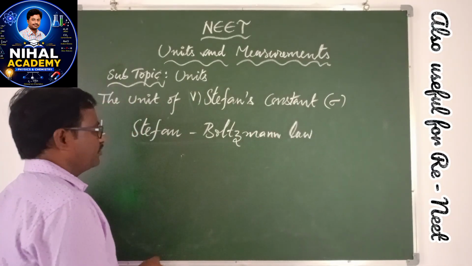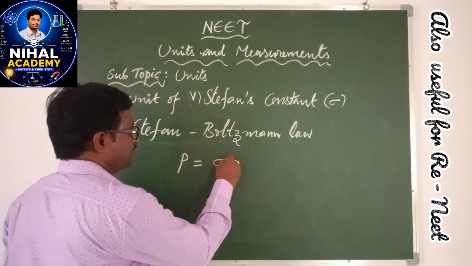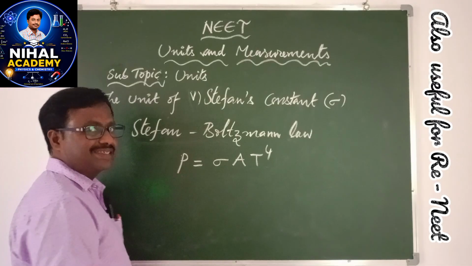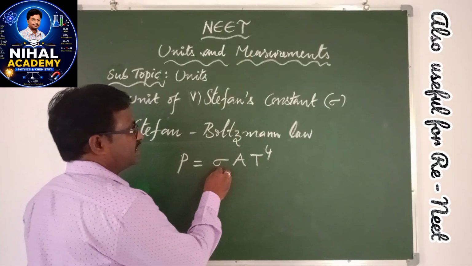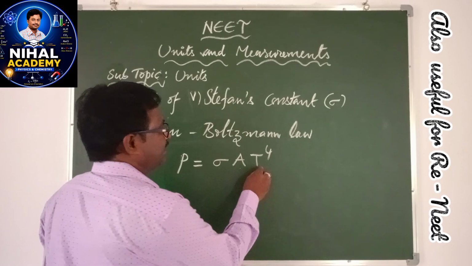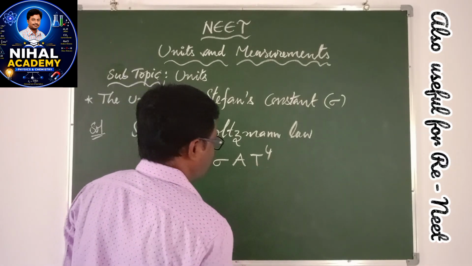So what is the form of the Stefan-Boltzmann law? So power P is equal to sigma A T power 4. Here P is the power and sigma is the Stefan's constant and A is the area and T is the absolute temperature, that is temperature in Kelvin scale.